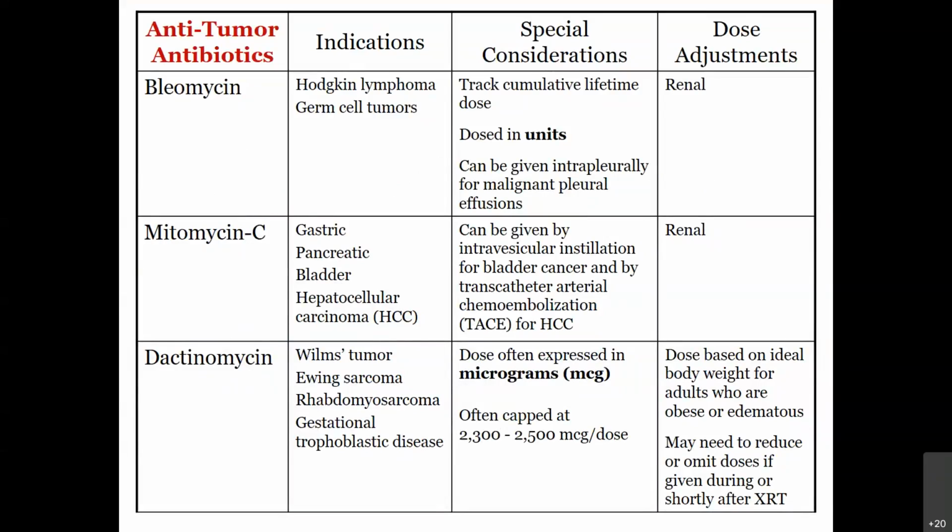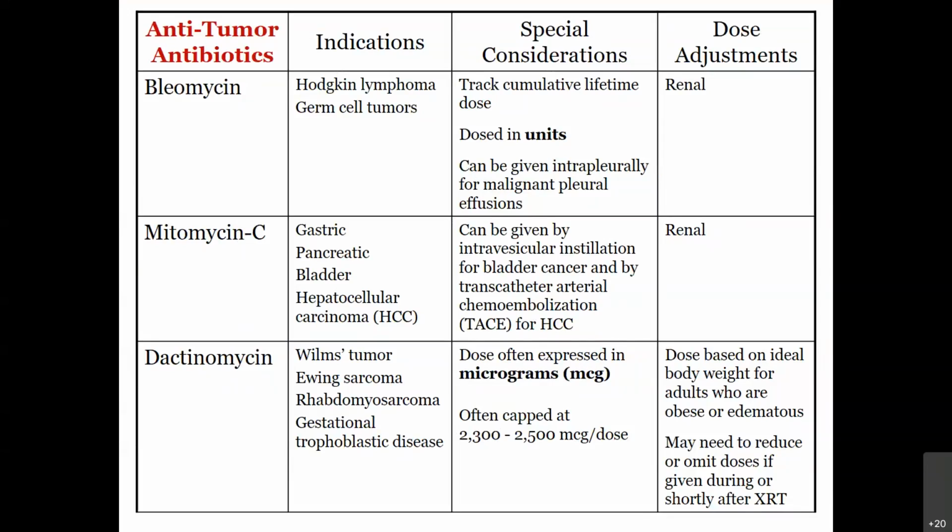With mitomycin C, some of the unique things here are that this can be given by intravesicular instillation for bladder cancer and also by transcatheter arterial chemoembolization, or TACE, for hepatocellular carcinoma. And then with dactinomycin, the dosing here is often expressed in micrograms, and we often cap the dose at somewhere between 2,300 and 2,500 micrograms.